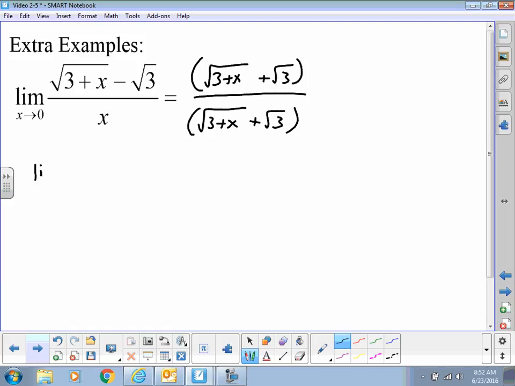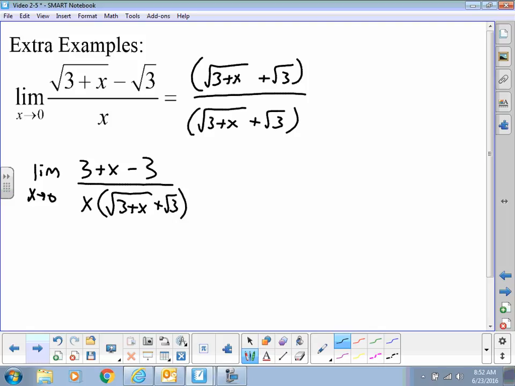So this will become the limit as x approaches 0. In the numerator, the whole reason of multiplying by conjugates is that the inside and outside terms will add to 0 and cancel each other out, so we'll be left with 3 plus x minus 3. Now, if that second part had more than one term, we'd have to distribute the negative, but it didn't here. Remember, never multiply that x out on the bottom, because eventually we're hoping that'll cancel out.